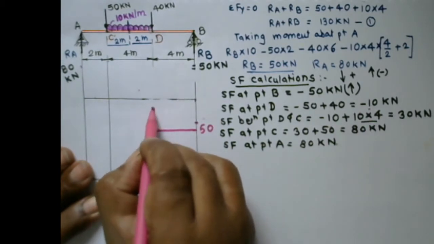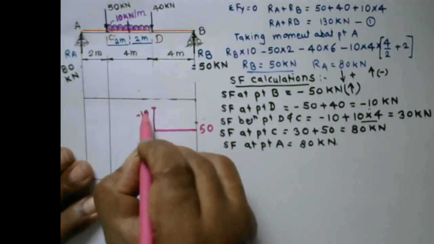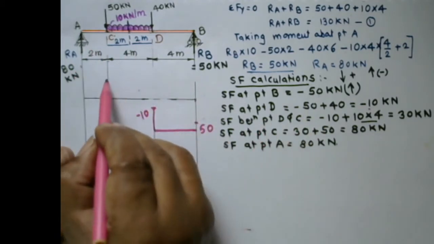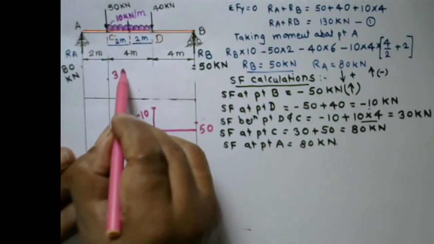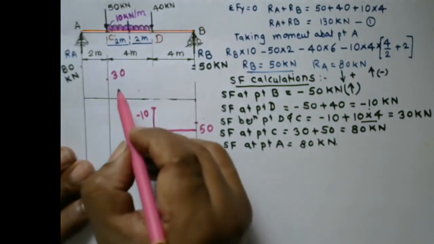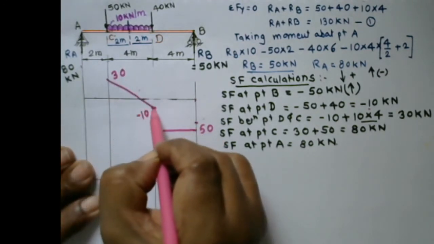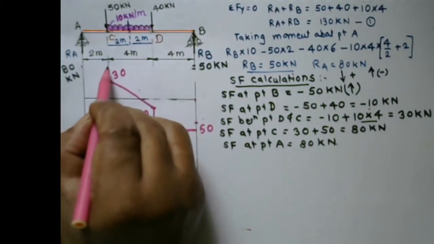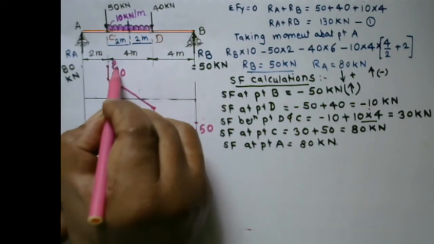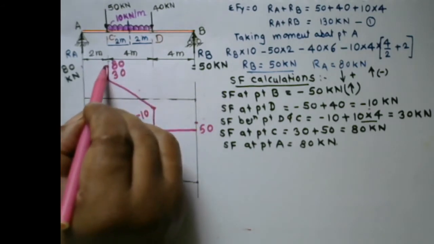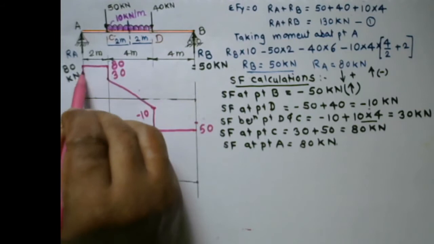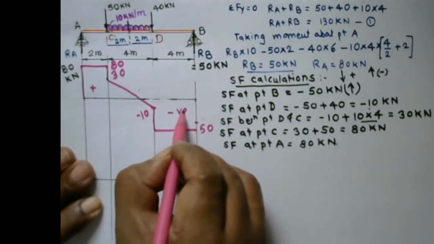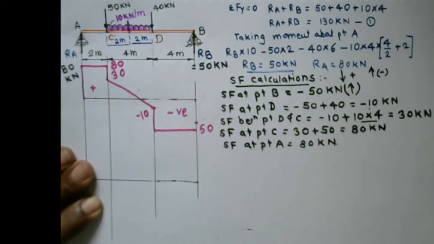Between points D and C there is a UDL and it becomes 30 kilonewton positive, so we join it by an inclined line. At point C again 50 kilonewton is added, it becomes 80, and between points C and A again there is no load. So this complete part is the positive shear force diagram, and this complete part is the negative shear force diagram.